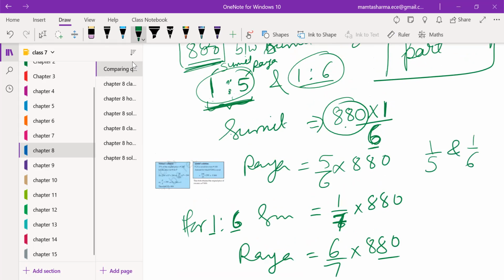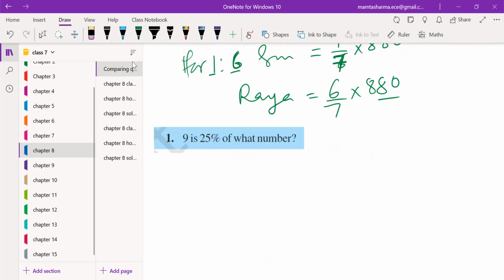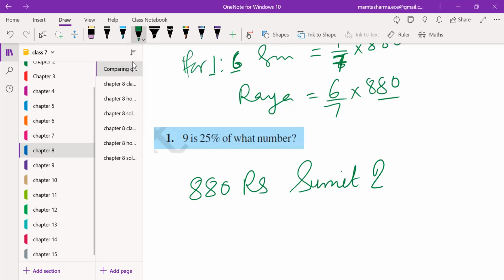I thought it was 2. Then how will you do it? Mahavir, tell me. Ma'am, I do not understand the question. He is saying there is a total 880 rupees and you have to divide it between Sumit and Raya in the ratio of 1/5 to 1/6.